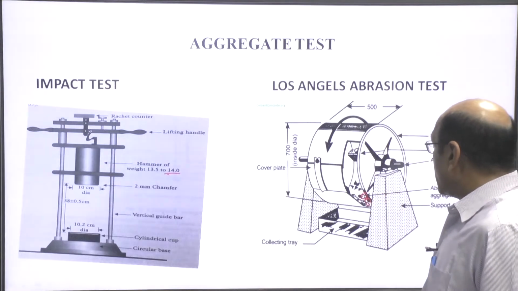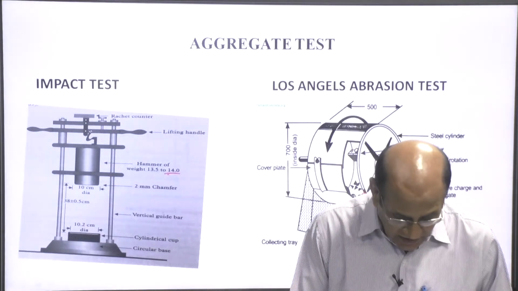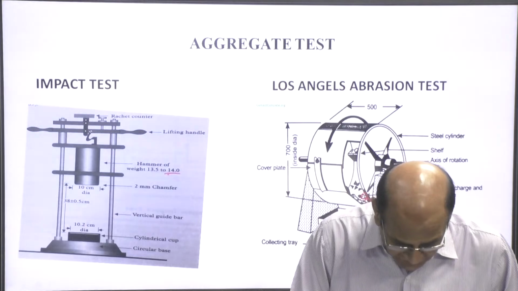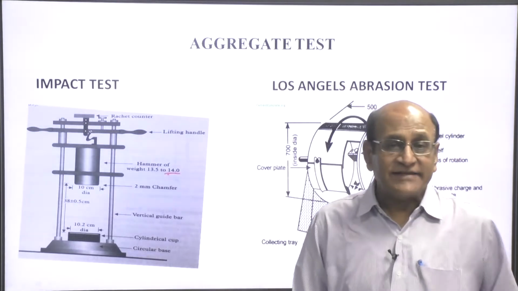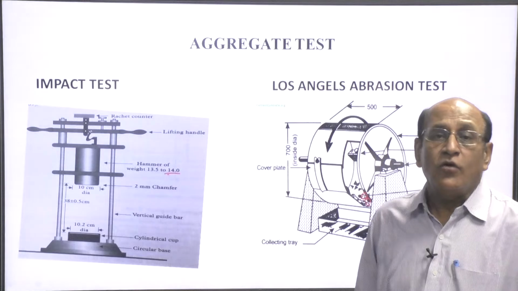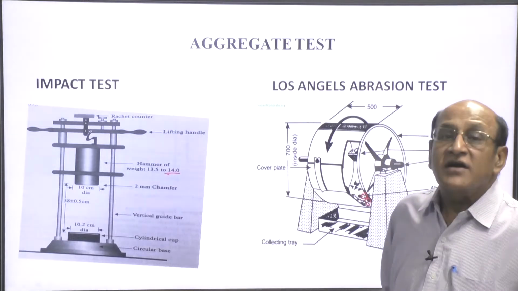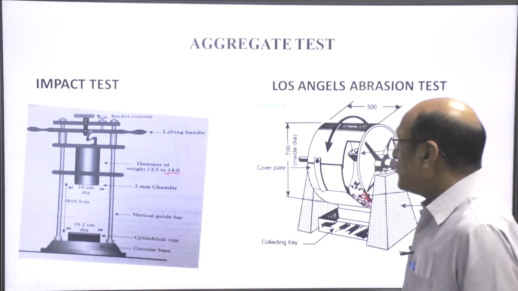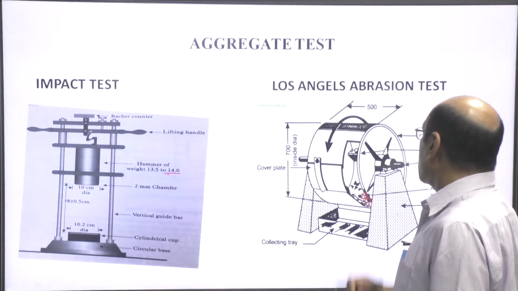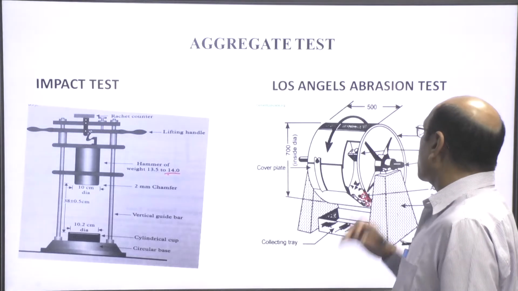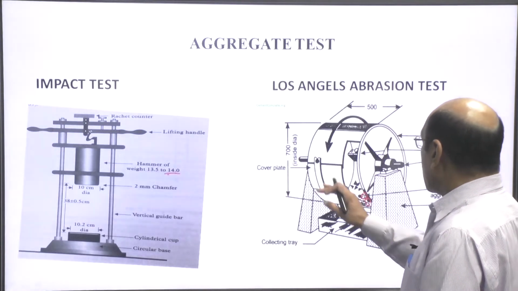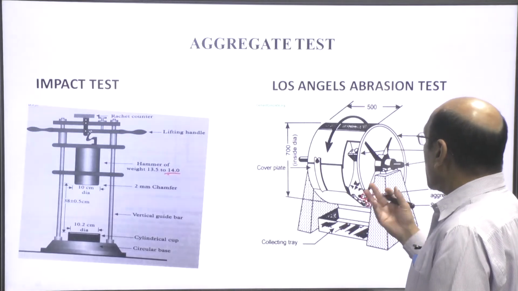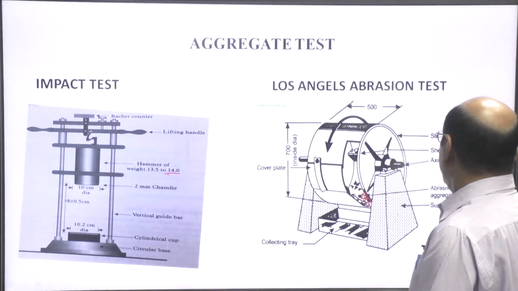The diameter of this charger, a steel ball, is 4.8 centimeter and weight is 390 to 445 grams. Generally 12 balls, or chargers, are kept in this cylinder. This is the cover plate by which we can load or unload the sample.